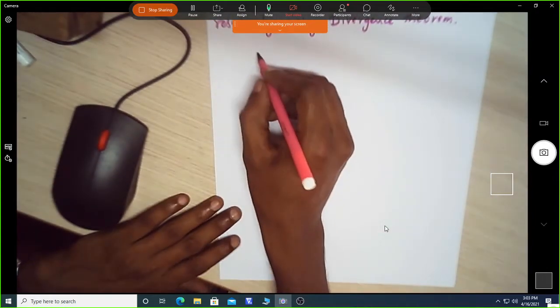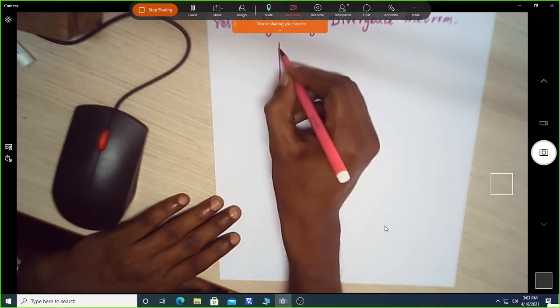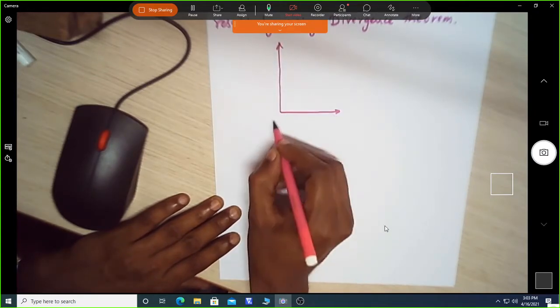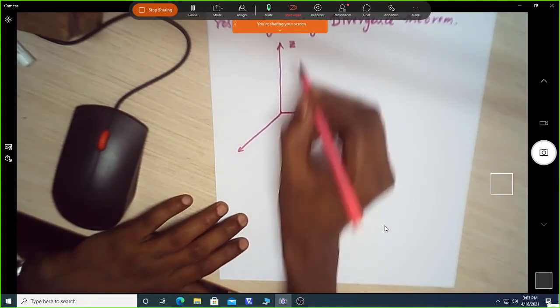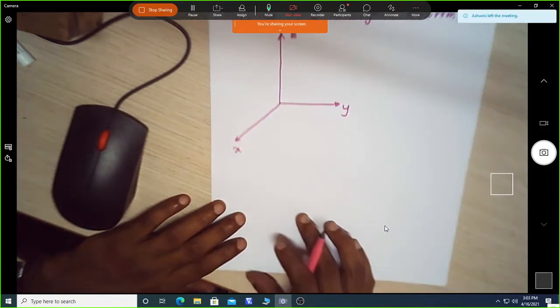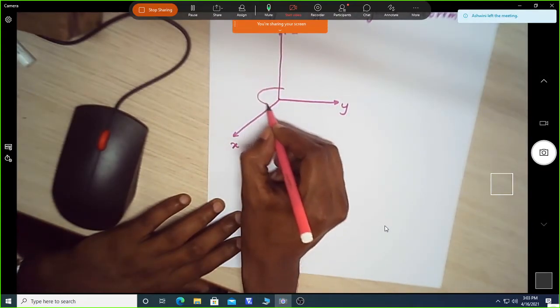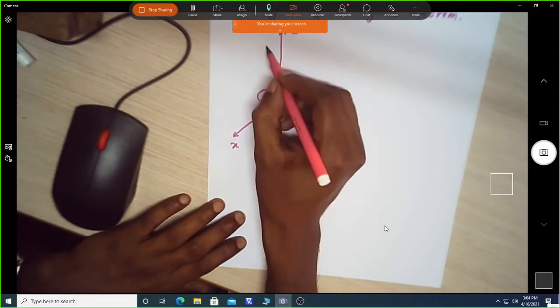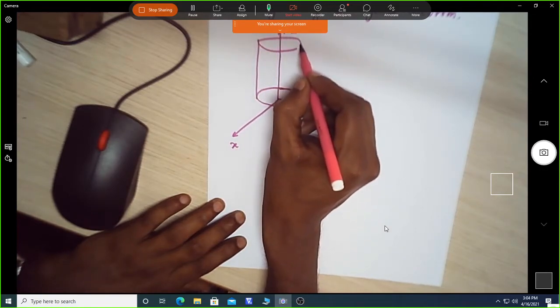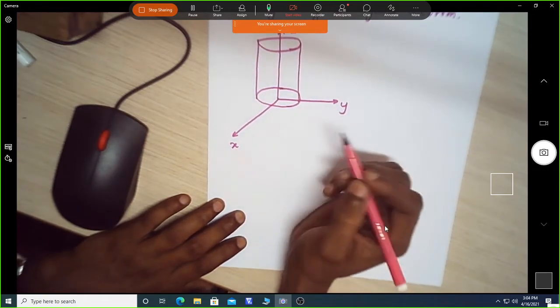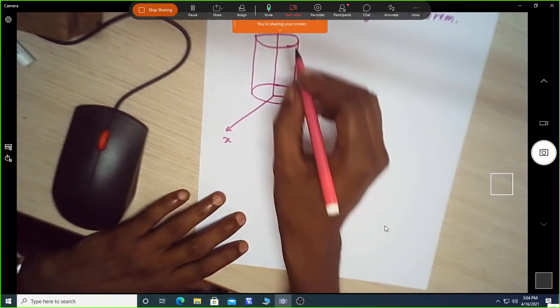So now this is a figure given in a cylindrical structure, with axes y, z, x. We have a cylinder.